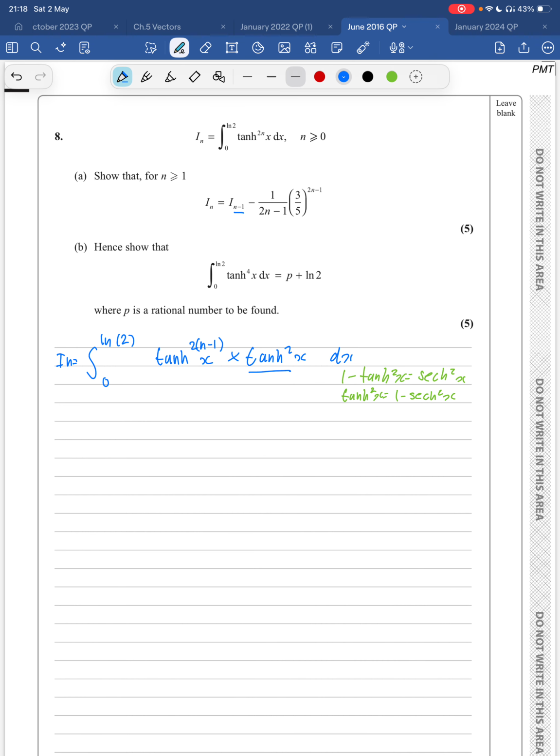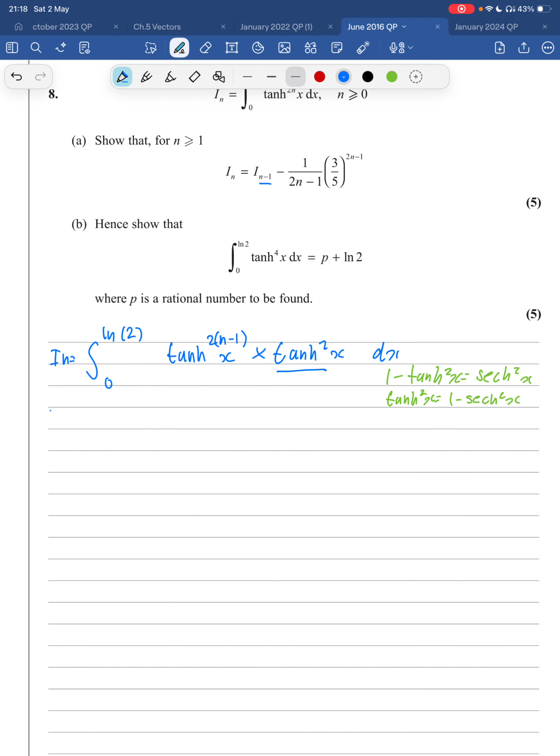Right, so let's plug this in. Make sure it's neat, make it easy for your examiners. tanh^(2n-1) x multiplied by 1 minus sech squared x dx.